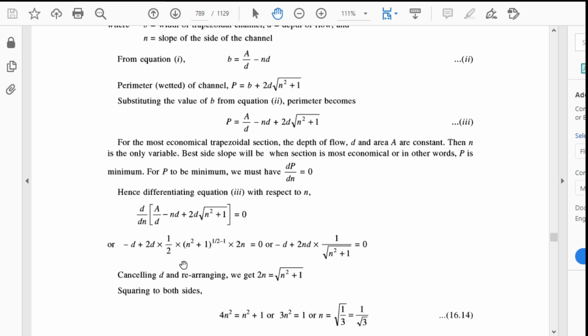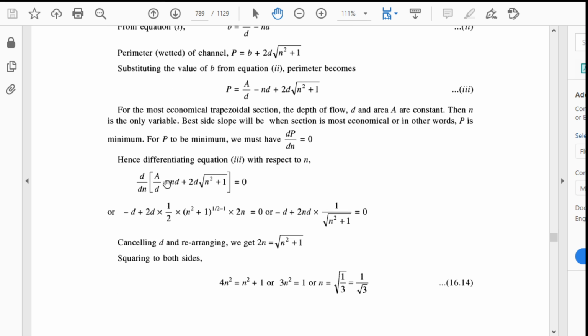The only thing is that you have to remember all the derivatives: the derivative of 1 by x, the derivative of x, and the derivative of root x also. So calculate all the derivatives of this equation. You will get the value as 2n equals square root of n square plus 1.